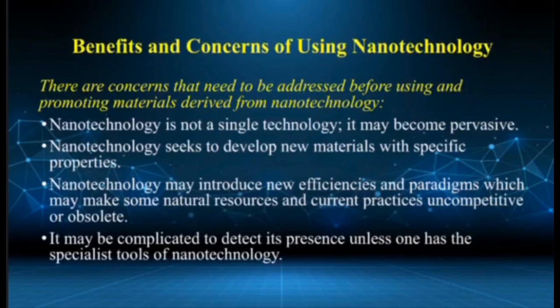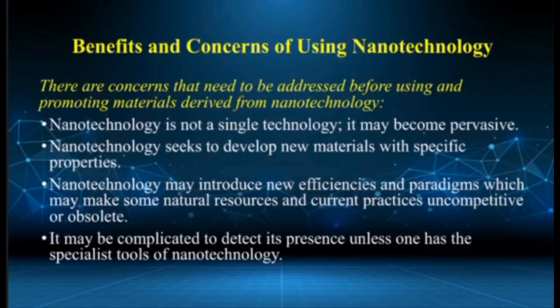and innovations. And lastly, it may be complicated to detect its presence unless one has the specialist tools of nanotechnology. Nanotechnology deals with materials, devices, and systems that operate at the nanoscale, which is typically between 1 and 100 nanometers in size.